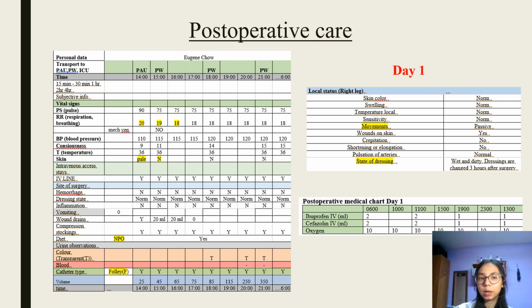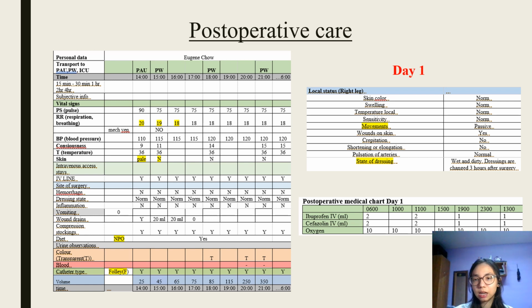The type of diet was NPO for the rest of the day. As for the catheter, the Foley catheter stays for the rest of the day. We also did a local examination of the right leg, at the surgery site. Everything was normal except movement was still passive, and the state of the dressing was wet and dirty.